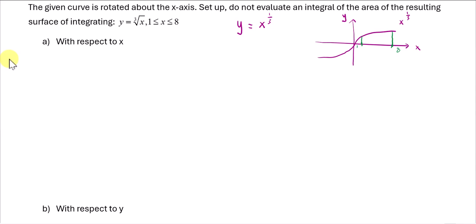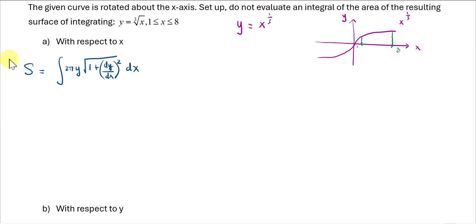The formula will be the integral of 2 pi multiplied by y and the square root of 1 plus dy over dx squared, and then dx.